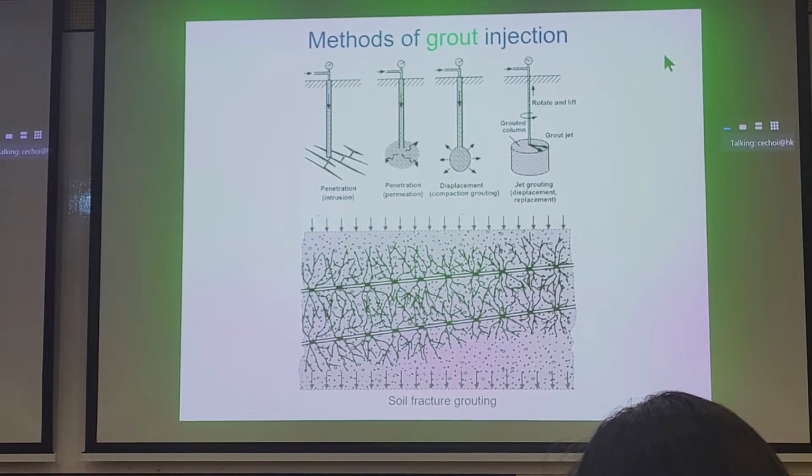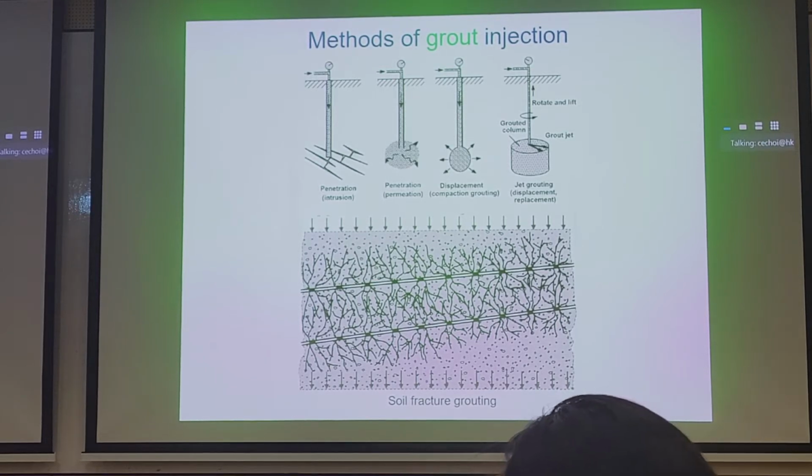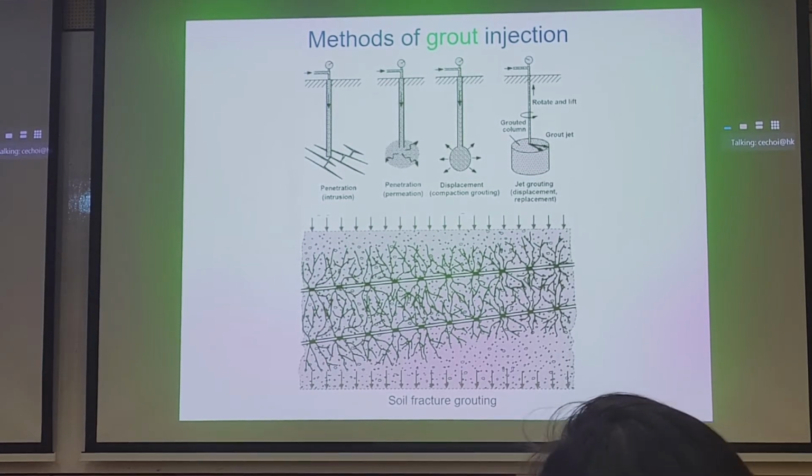Now, moving on to the more important aspect of grouting. We talked about so far the various parameters we need to consider when designing a grout injection in the field. We talked about how the rheology of the grout is important. And why is that? Well, if your grout cannot flow very far, then perhaps it's more ideal for a particular type of grouting, such as compaction grouting, for example.